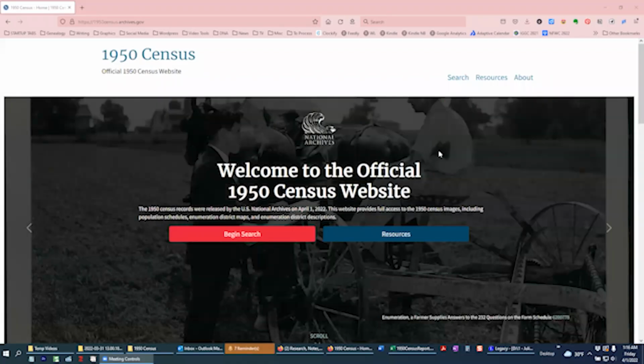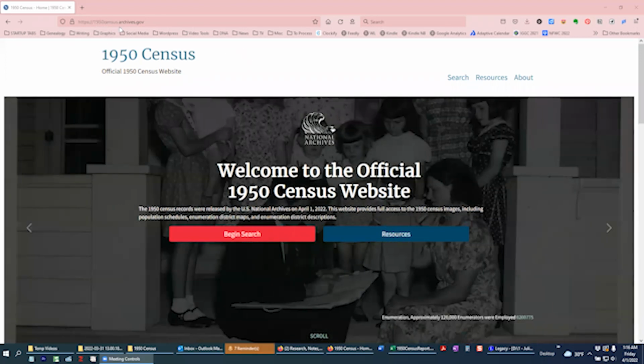All righty. So this is the official 1950 census website brought to us by the National Archives, or NARA, or NARA, if you prefer to pronounce it that way. It is at 1950census.archives.gov. And just so you know, there is a tab here for resources.